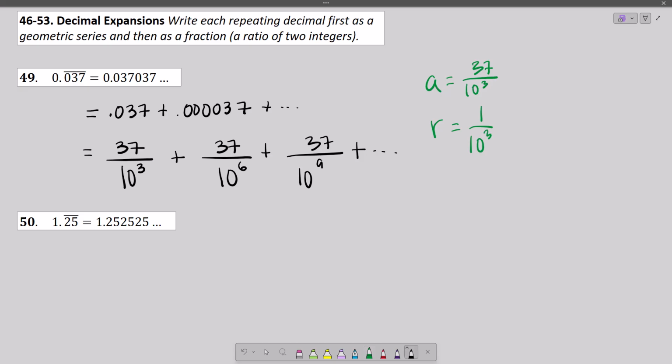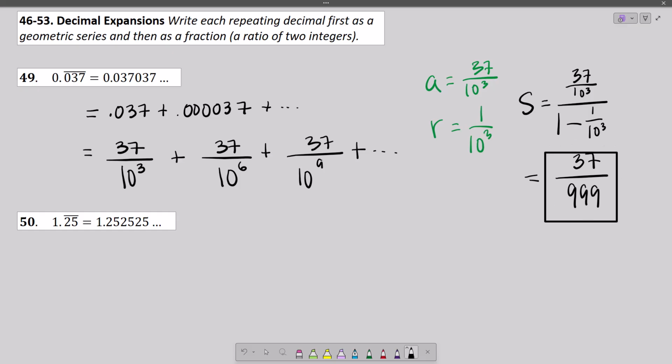So S is going to equal A, 37 over 10 to the 3, divided by 1 minus R. And if we multiply top and bottom by 10 to the 3, we get 37. This is a 1. This is 10 to the 3, which is 1,000. 1,000 minus 1 is 999.